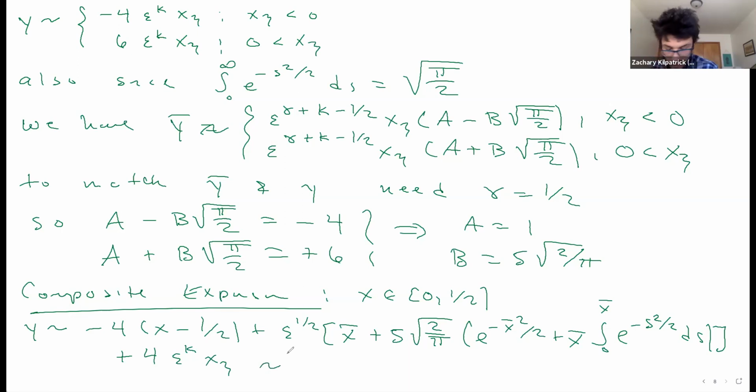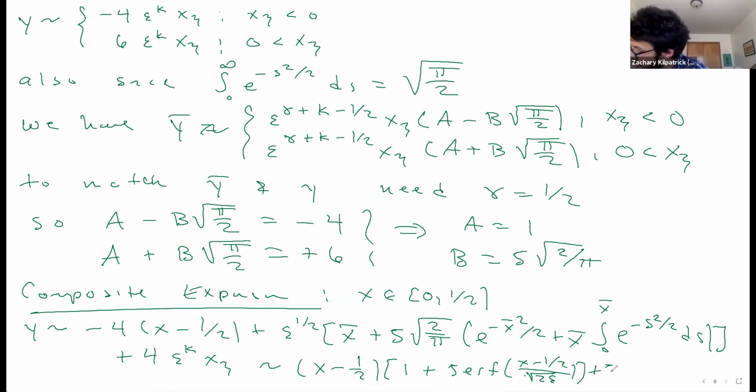So we can approximate this as x minus a half times 1 plus 5 times the error function of x minus a half divided by square root of 2 epsilon, and then plus 5 square root of 2 epsilon over pi e to the minus 2x minus 1 squared over 8 epsilon.